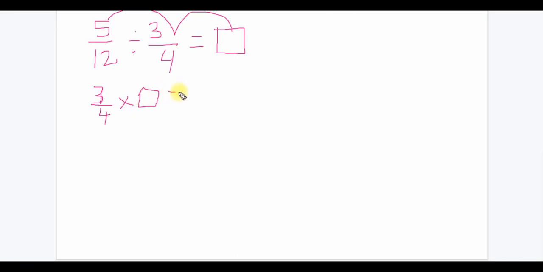So now if I say 5/12 divided by 3/4, I wonder if we just wrote it as we said it. We know that that equals an unknown factor. Let's write it the other way. 5/12 divided by 3/4 equals unknown factor, or unknown factor times factor equals the product, which means we have 3/4 times unknown factor equals 5/12.